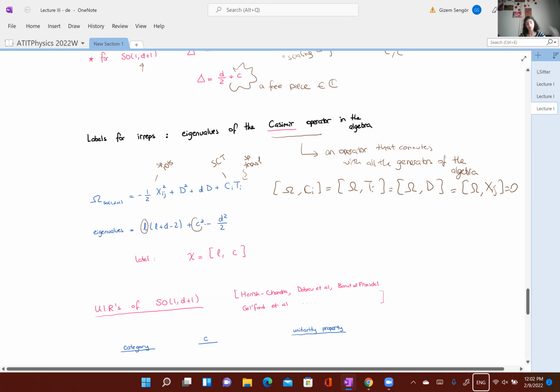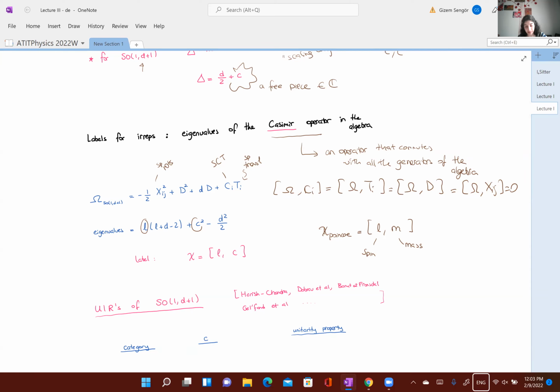So the first thing to note about the conformal group is that its irreducible representations are labeled by spin and scaling weight. Now, if you want to compare, let's say for Poincare, the Casimir operator is something different, the subgroups are something different. These labels turn out to be spin and mass. So there is this difference.